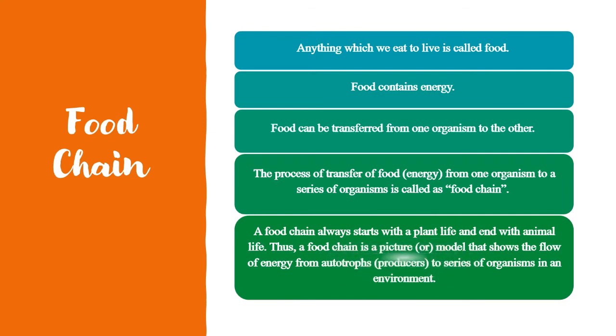A food chain always starts with plant life and ends with animal life. Thus, a food chain is a picture or model that shows the flow of energy from autotrophs, that is producers, to the series of organisms in an environment.